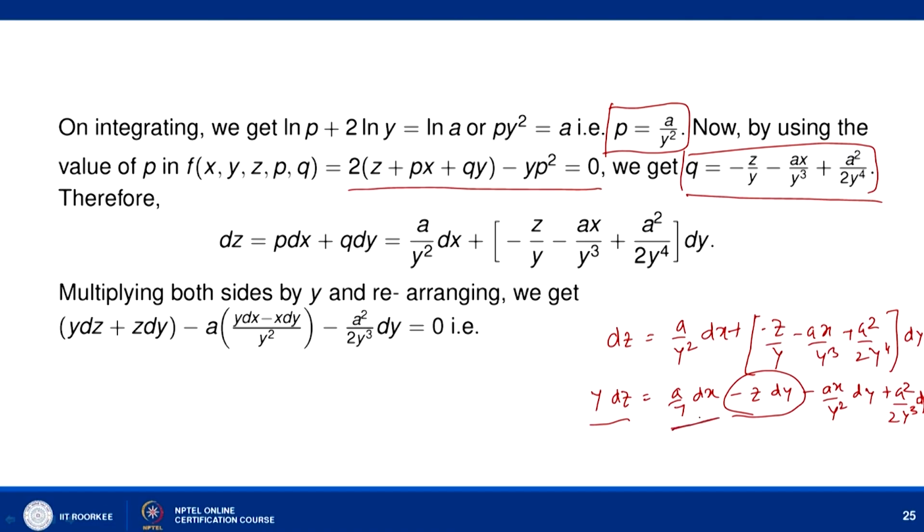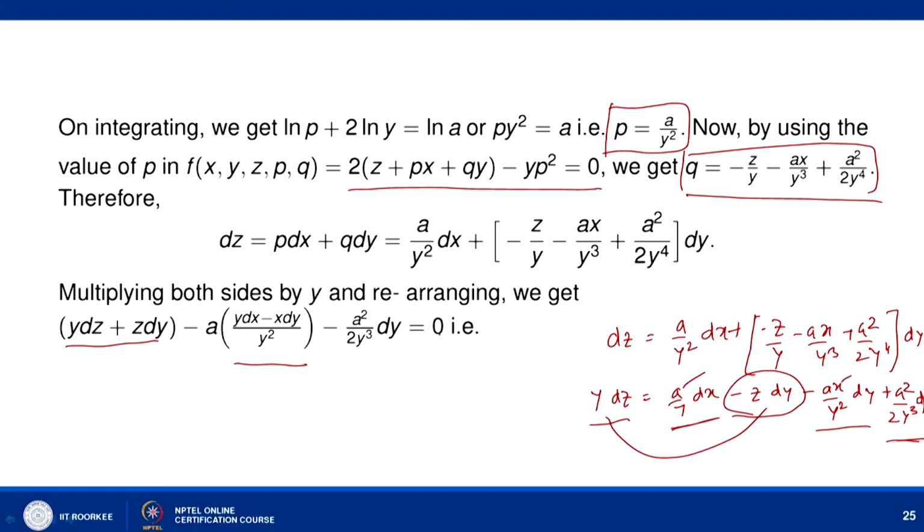Here a by y dx is there, and here minus ax by y square dy, so you collect these two. Since the last term involves only y and is written with dy, no problem, we can keep it there. So we can write y dz plus z dy, minus a times (y dx minus x dy) divided by y square. So we are collecting these two, minus a square upon 2y cube dy equal to 0.